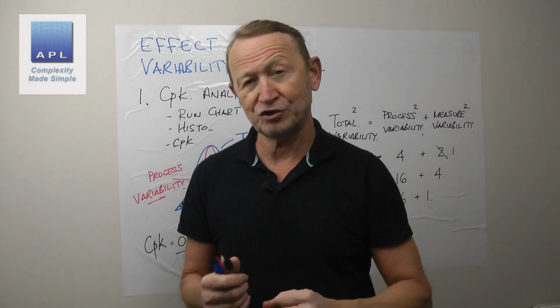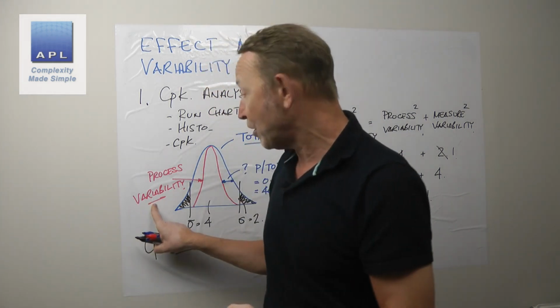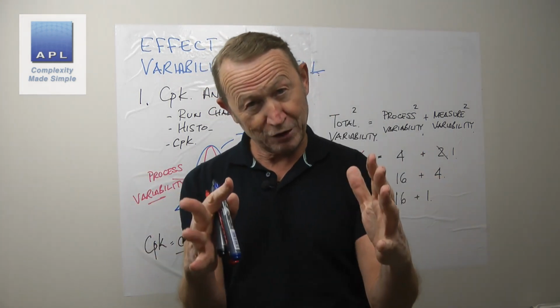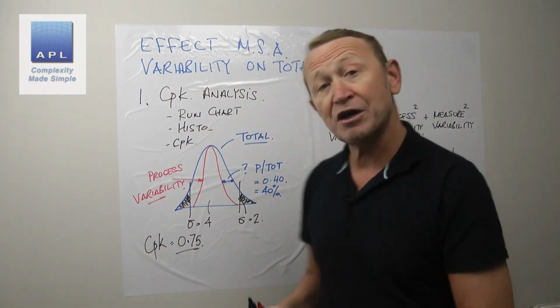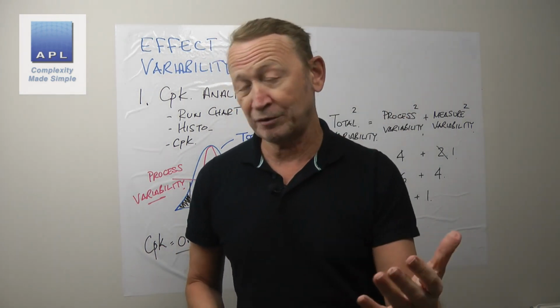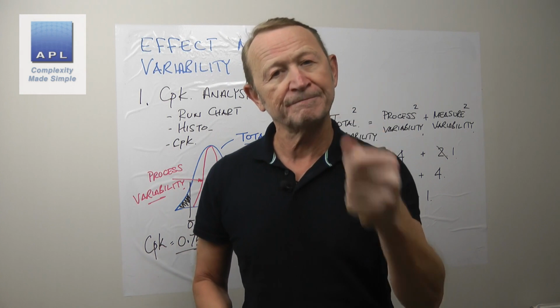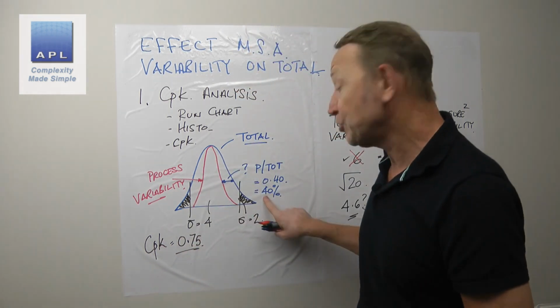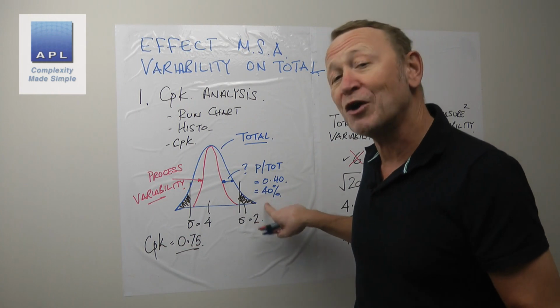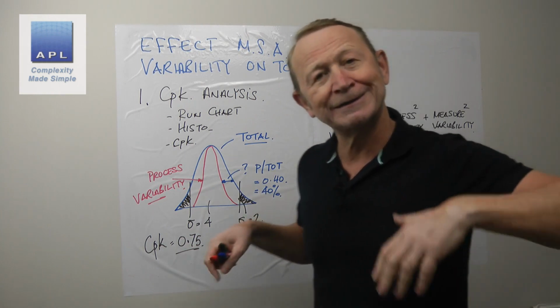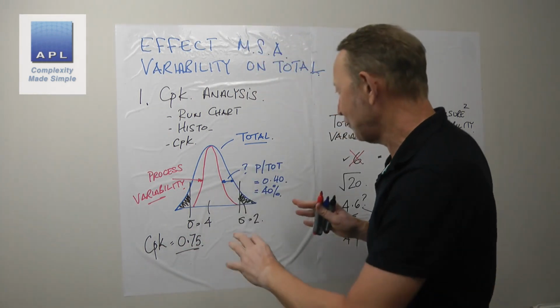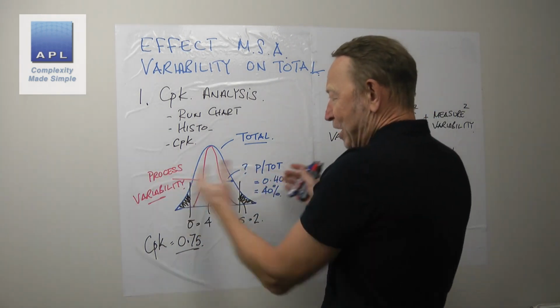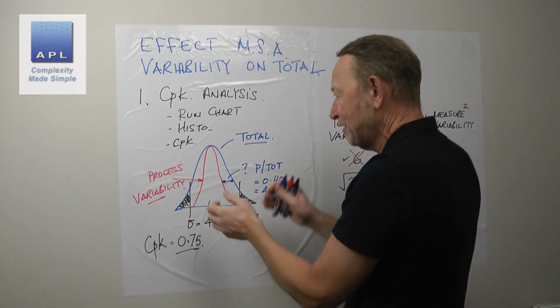Obviously, there's two places you can go. You can go to the process, try and improve the process variability. You can go to the measurement system, try and improve the measurement variability. Both of those will help you. But of course, if this is quite small, you might work very hard here and have very little effect. So the measurement system is telling you where the variation is coming from.